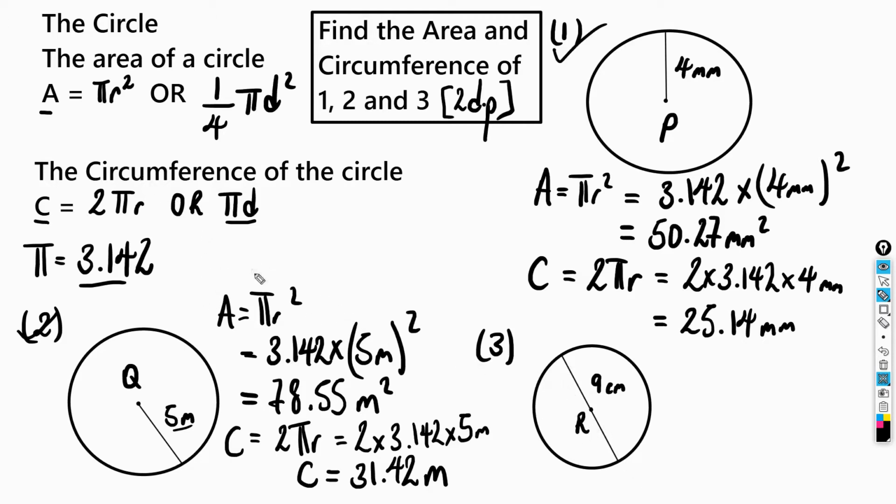We can do this in 2 ways, guys. Either we can divide this diameter by 2, and we would end up with 4.5 centimeters, and then use the 4.5 in the formula. Or you could just ignore that completely, and you could put 9 in these formulas, right?